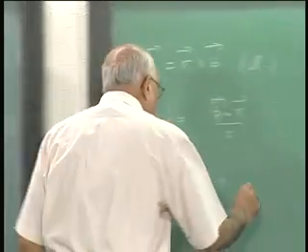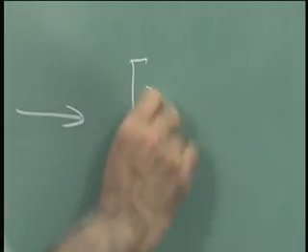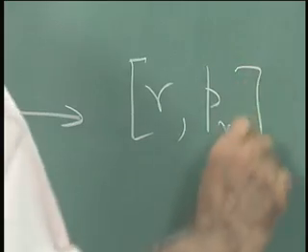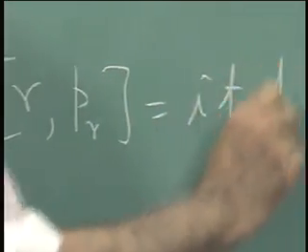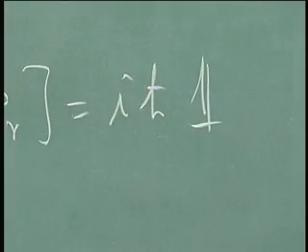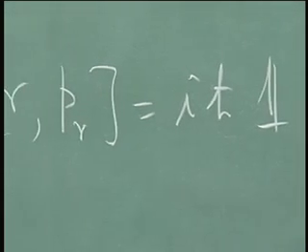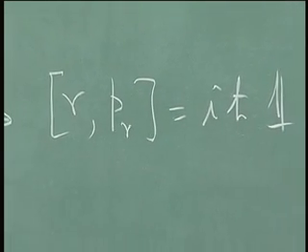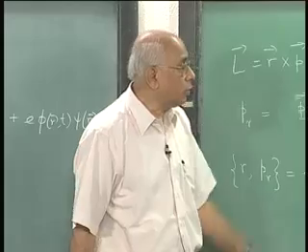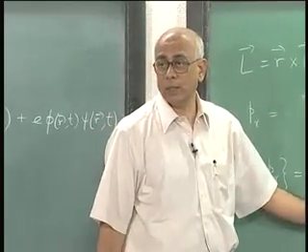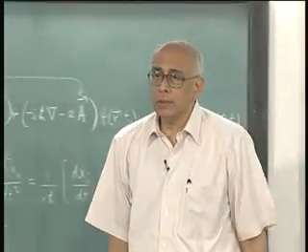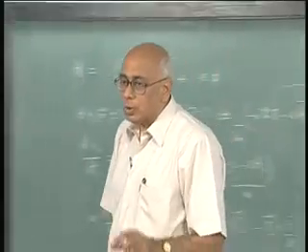So this must go over quantum mechanically to the commutator of r with P_r equal to i h-bar times the unit operator. That is the rule to go from classical to quantum physics. Okay. So you need that, you need this commutation relation to be valid. So whatever that is, we need to check that this is really true. What else do you have to impose on P sub r?